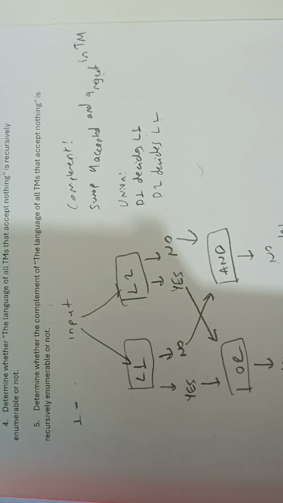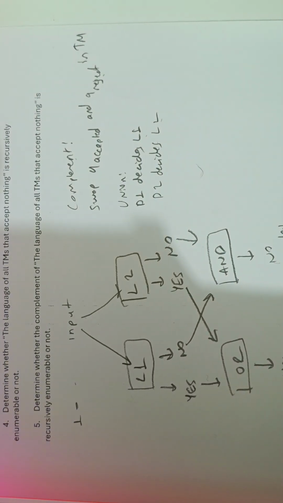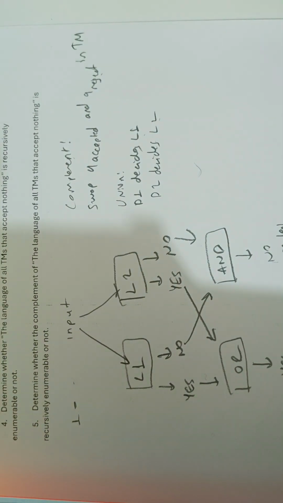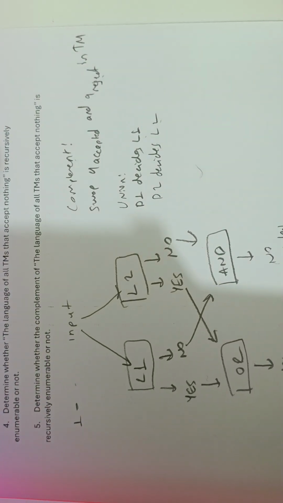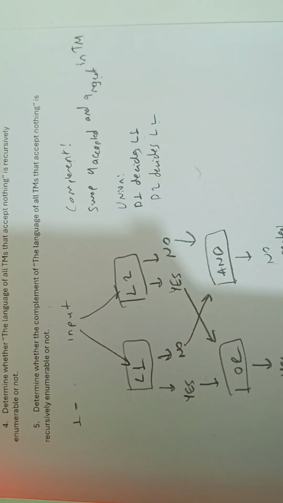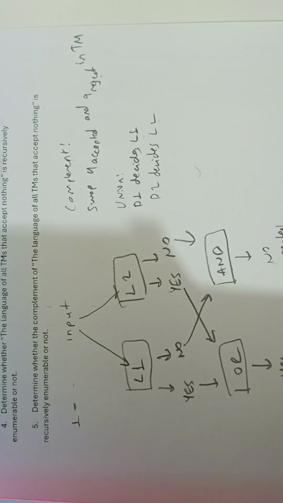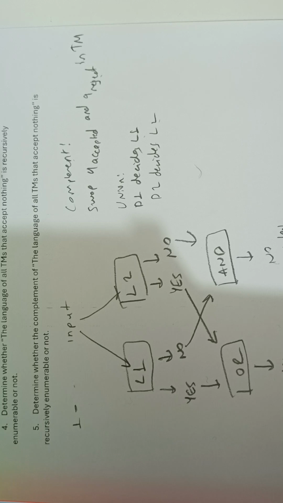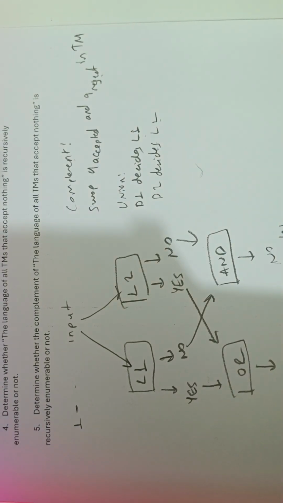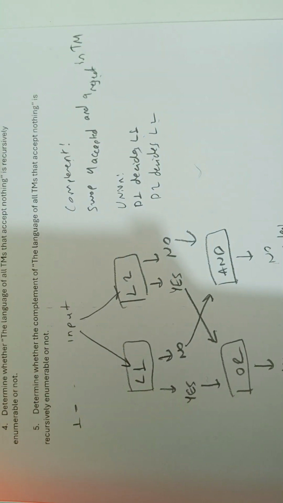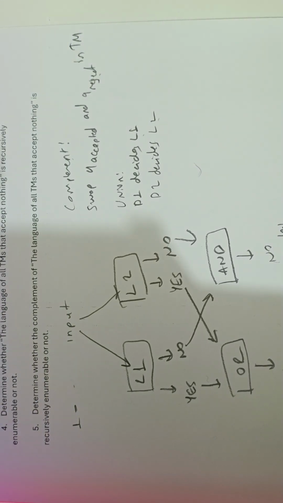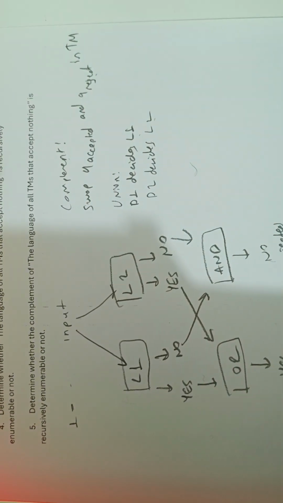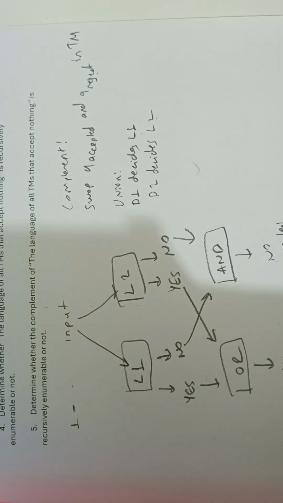Step 1, input: we take a string and run Turing machines L1 and L2 in parallel. Step 2, OR operation: if either L1 or L2 accepts the input, the machine accepts. And step 3, if both machines reject the input, it rejects.